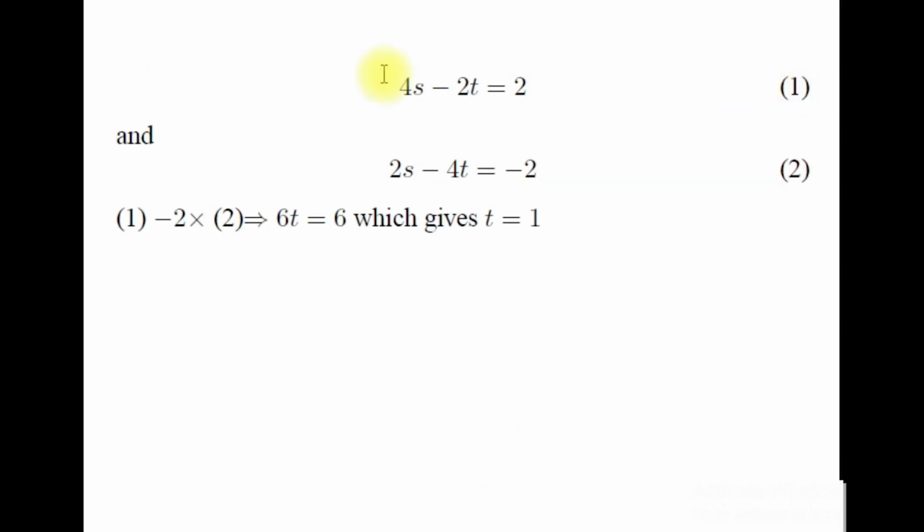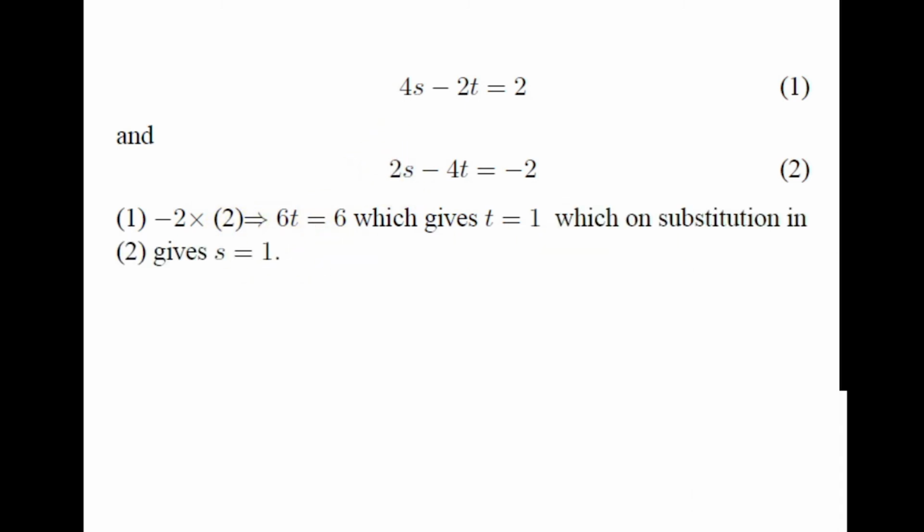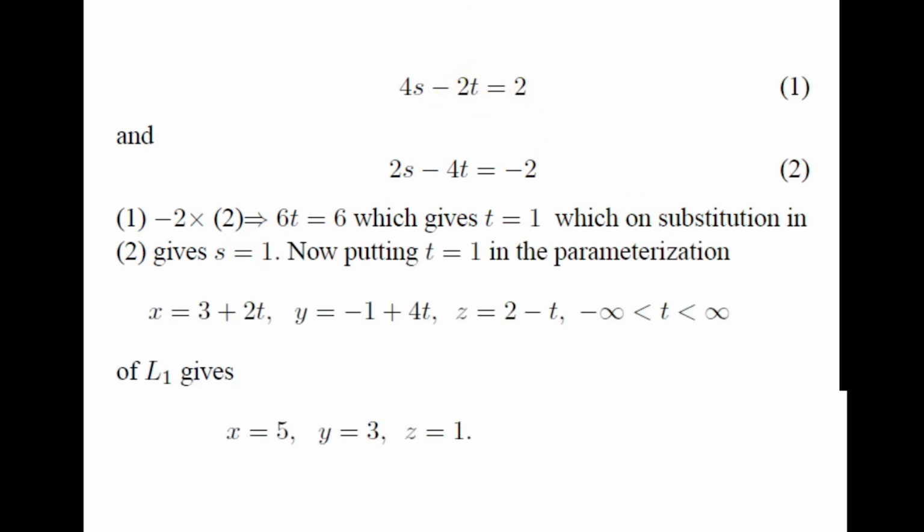If we consider 4s - 2t = 2 as the first equation and 2s - 4t = -2 as the second equation, then the first equation minus 2 times the second equation gives t = 1, which on substitution in the first equation gives s = 1.